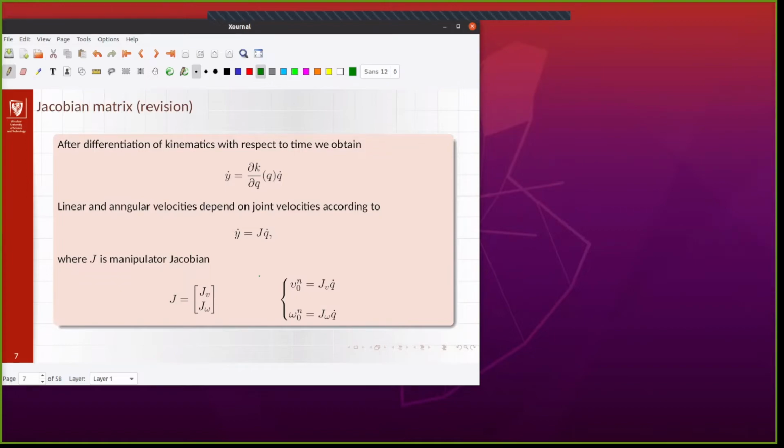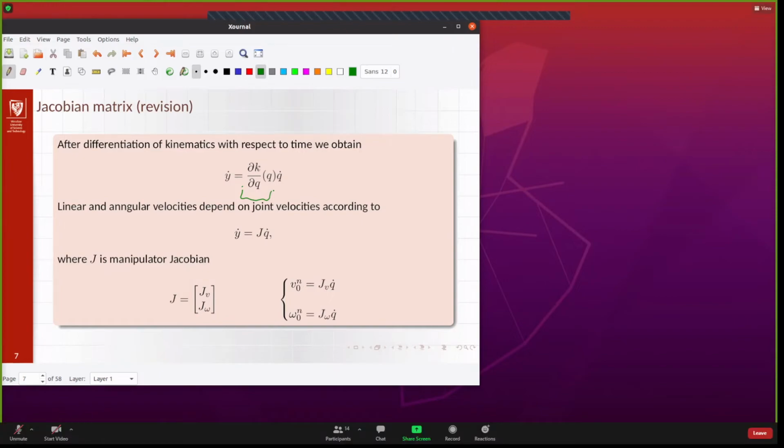Okay, as I said, we need to go a bit into the theory. That's something that you already know. We have the Jacobian matrix, which represents the transmission of velocities between the velocities in joints and the velocity in the task space, and that's the formula that allows us to transform the velocities from one space to another.